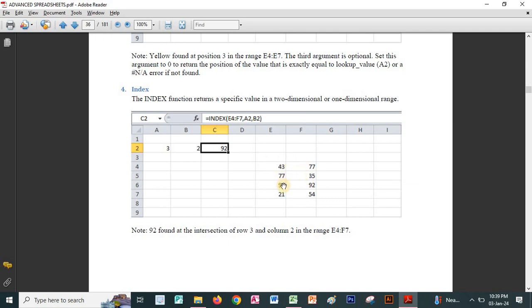So 3 and 2, where do we find that? We are matching 3, 2, so we get 92. So we count 3 rows, 2 columns. You get what is in there in that location.